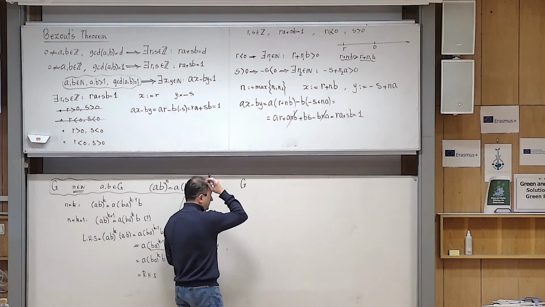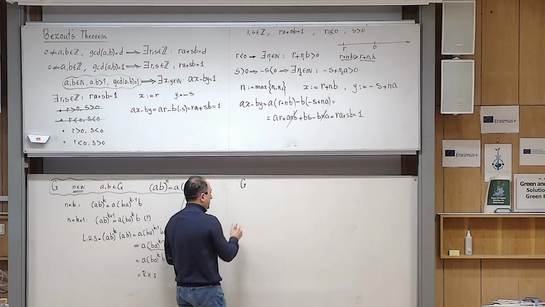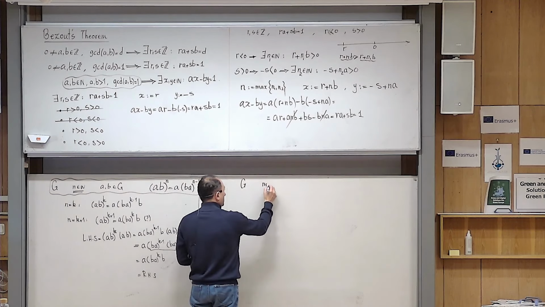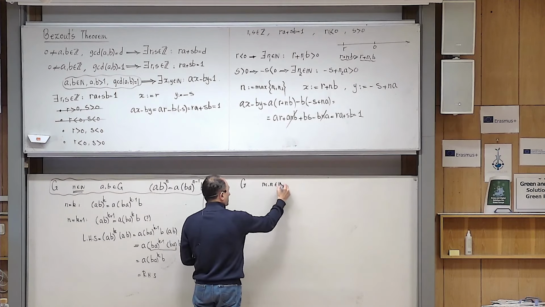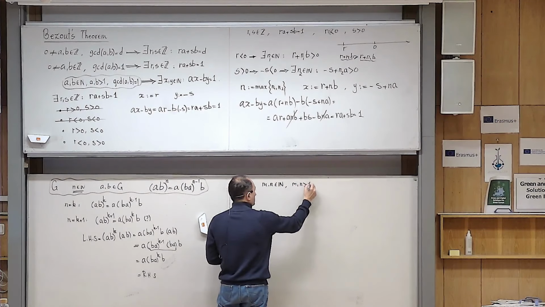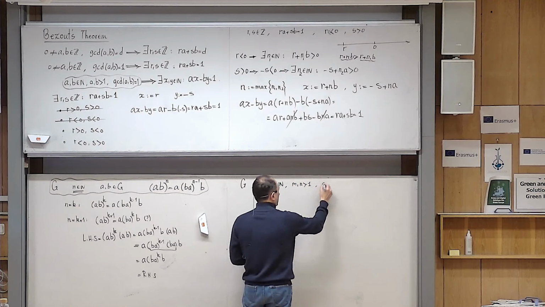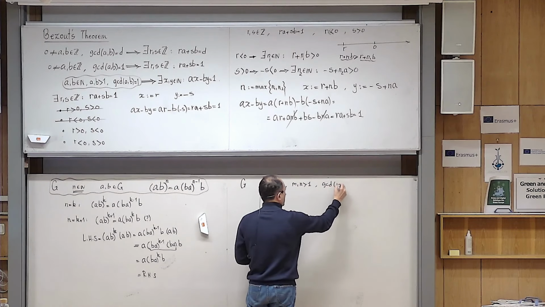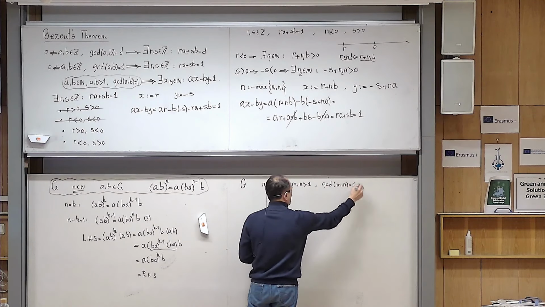So how can we prove this? Okay, so m and n in the problem are given to be natural numbers. They are given to be greater than 1, and the GCD of m and n is given to be 1.